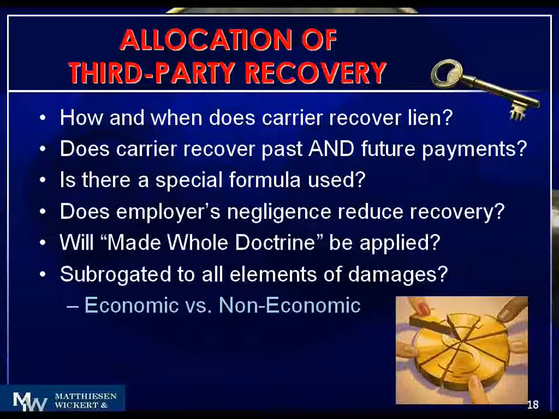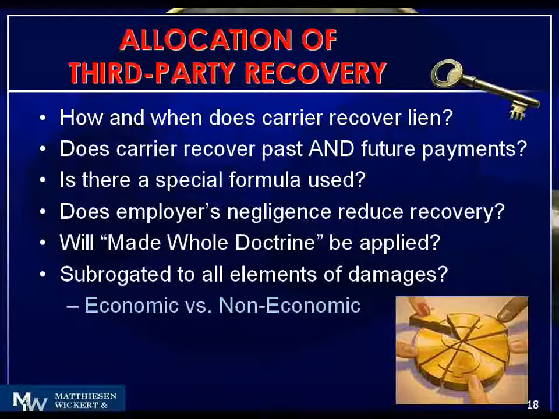There are some states that say you, the work comp carrier, yes, you have a lien on the case, but you only have a lien on those elements of damages recovered in the third-party case that represent special damages, consequential damages such as medical expenses, lost wages. These are the simple damages. These are the cornerstone of any personal injury case.